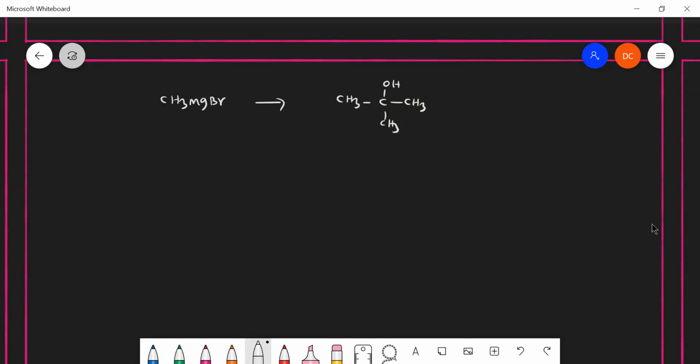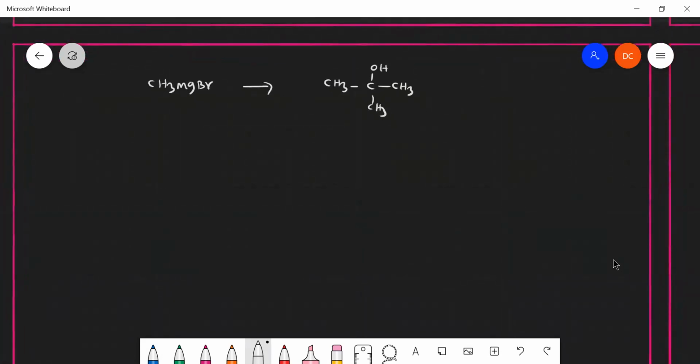How can we do that? Just indirectly I'm asking, it's with a ketone. What kind of ketone can I use? CH3 C double bond O CH3. Am I right? Very good. So I can use this, and if I use this, I can get this product.